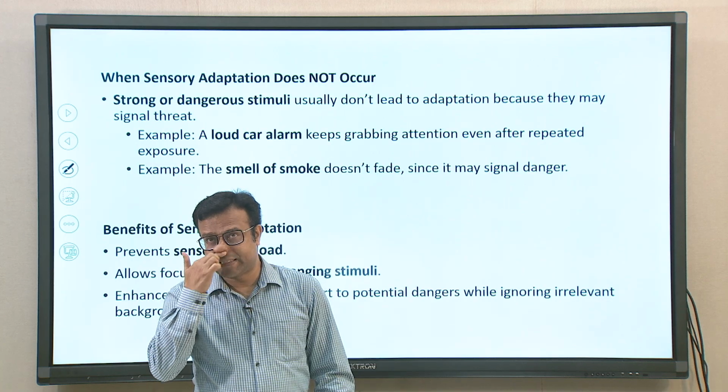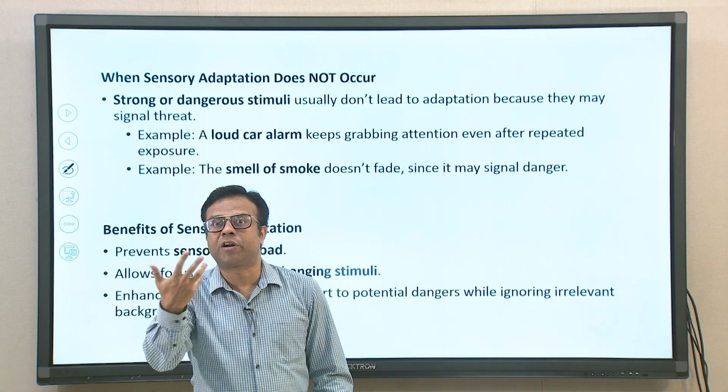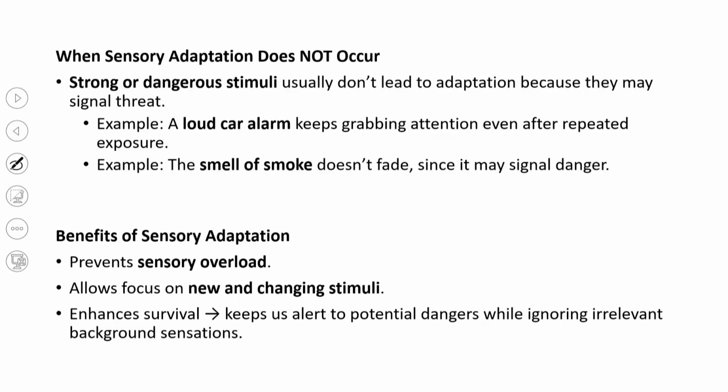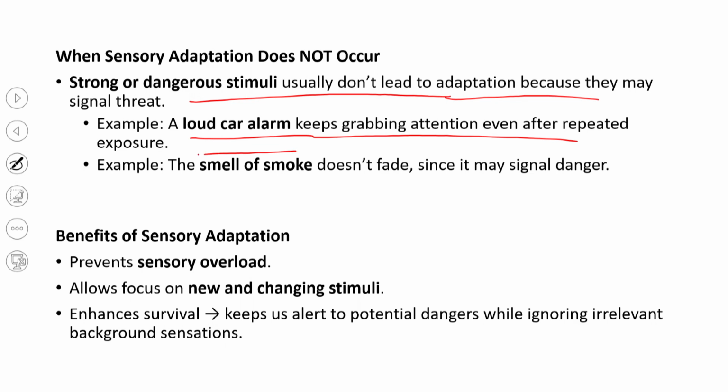Now, in certain cases sensory adaptation may not happen. When there is a very strong or dangerous stimulus in your surroundings, adaptation may not happen, especially if that sound is a signal of threat. For example, a loud car alarm keeps grabbing attention even after repeated exposure.